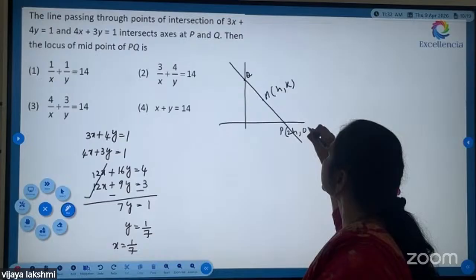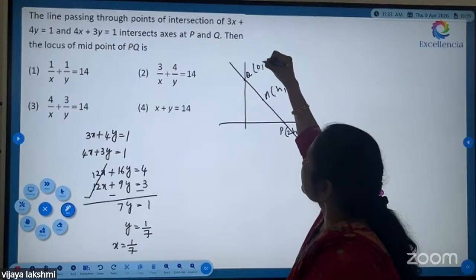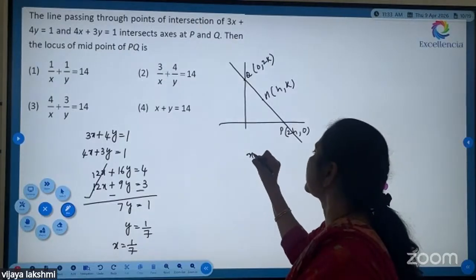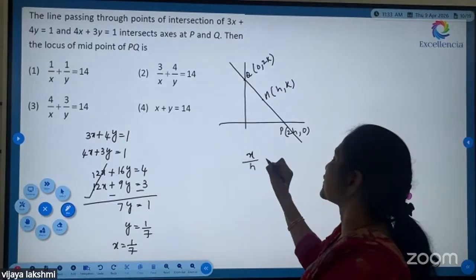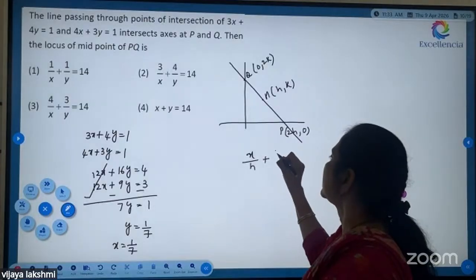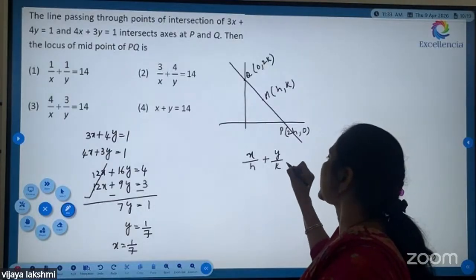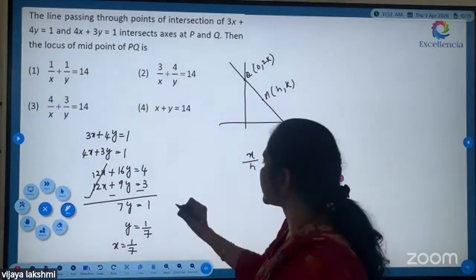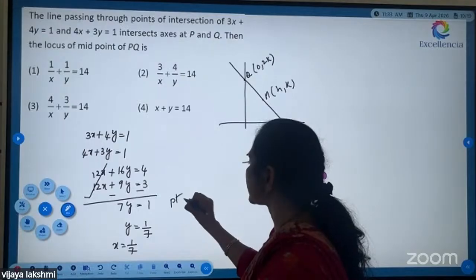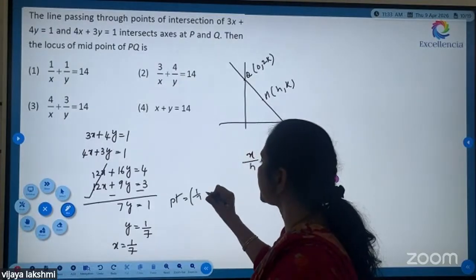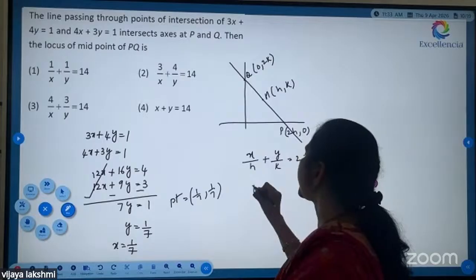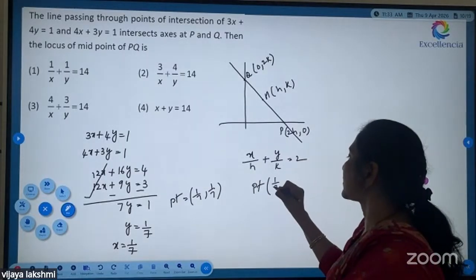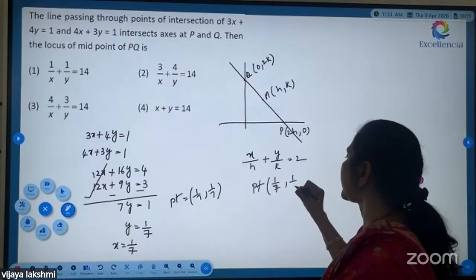H comma 0 or 0 comma K. You can write the equation directly, and the midpoint is given: x by 2H plus y by 2K equal to 1. But whatever you got as the point of intersection, 1 by 7 comma 1 by 7, this point lies on this line, and they are asking us to find the locus.